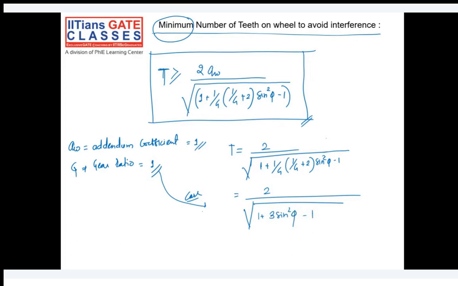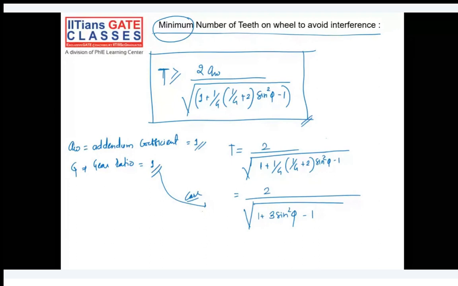Here we can see the relationship is getting simpler. Plus 1 minus 1 will get cancelled out, and you will ultimately have 2 divided by 3 sin square phi. Okay, 2 divided by 3 sin square phi.